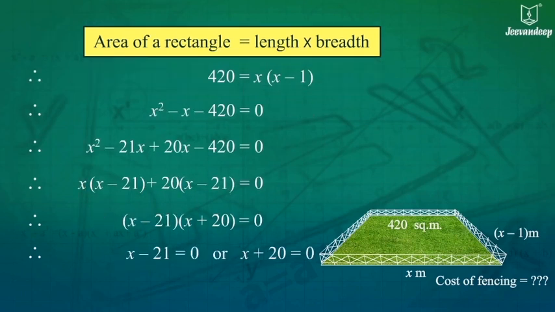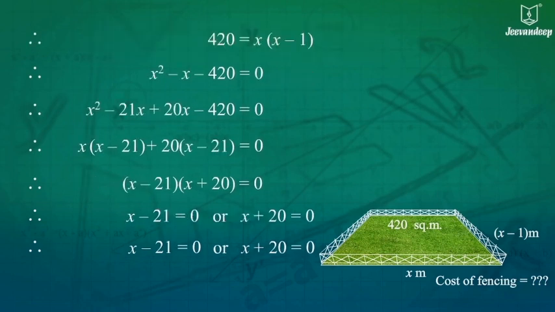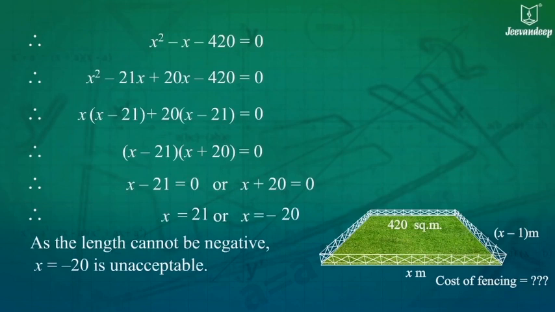Therefore, x minus 21 equals to 0 or x plus 20 equals to 0. Therefore, x equals to 21 or x equals to minus 20. As the length cannot be negative, x equals to minus 20 is unacceptable.